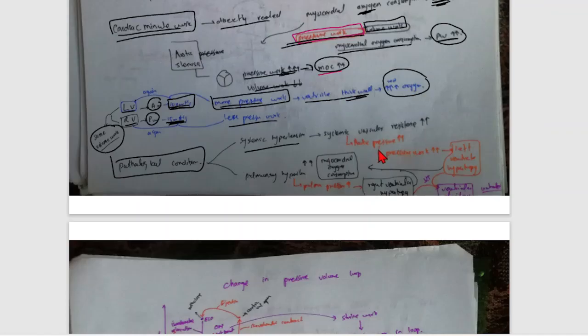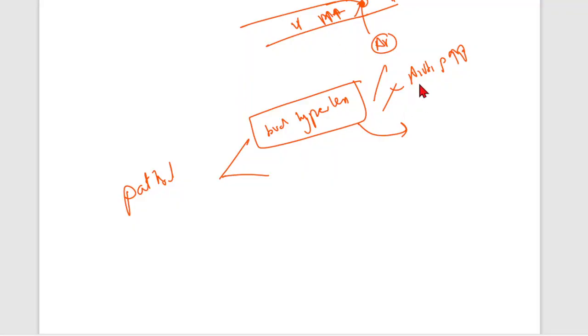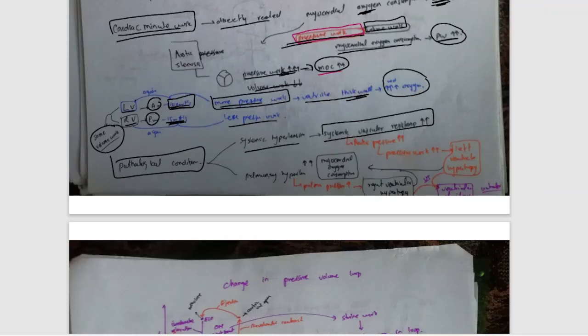Systemic vascular resistance is greatly increased. In pathological conditions, if the aortic pressure is so high, it means the systemic vascular resistance, or total peripheral resistance, is increased.